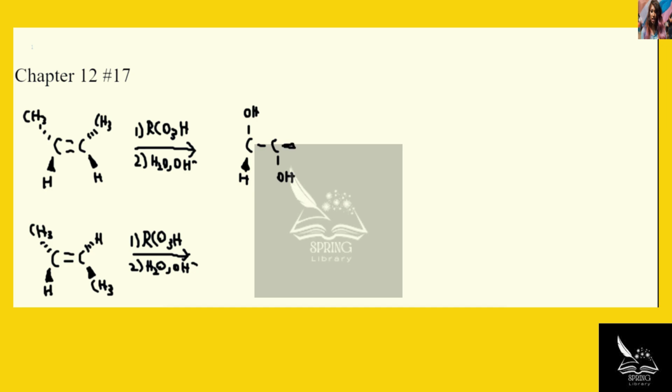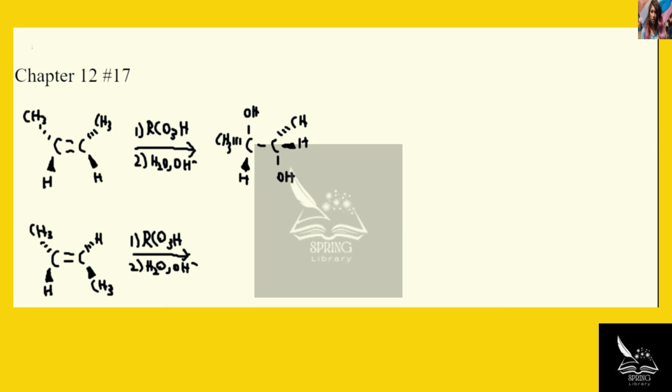And then we can shift our other substituents around a little bit in order to accommodate that. So our hydrogen is still wedged, our methyl groups are still dashed, but we've moved them a little bit to show that these hydroxy groups are anti to one another.